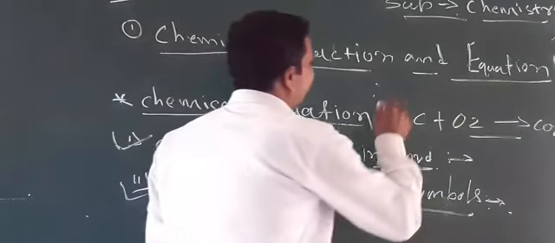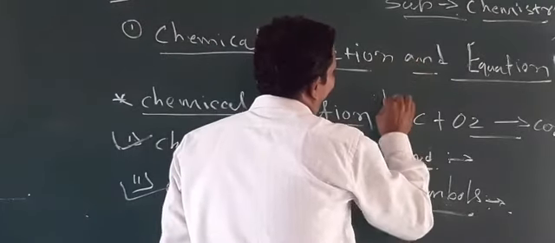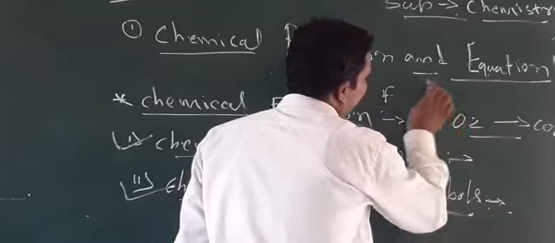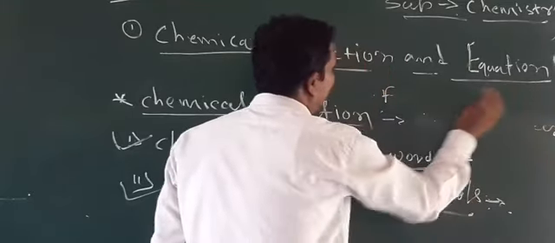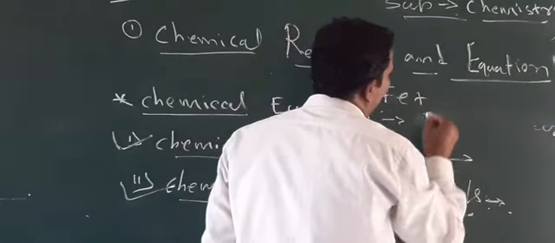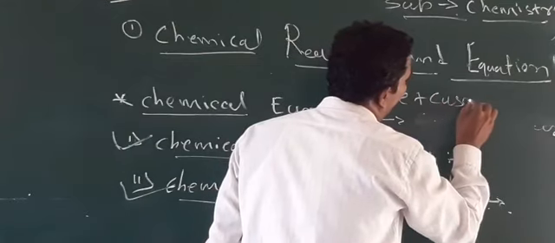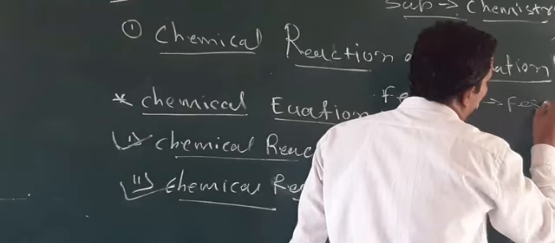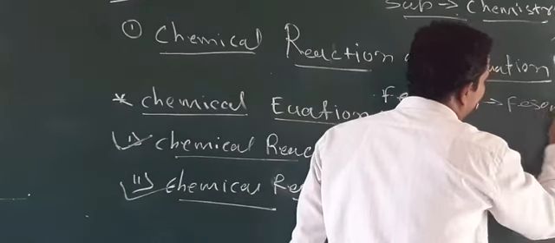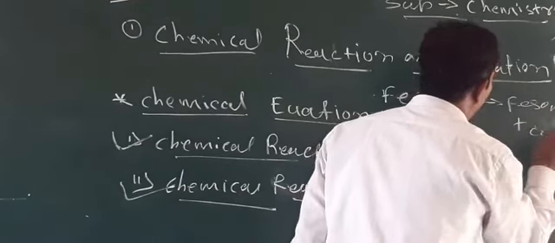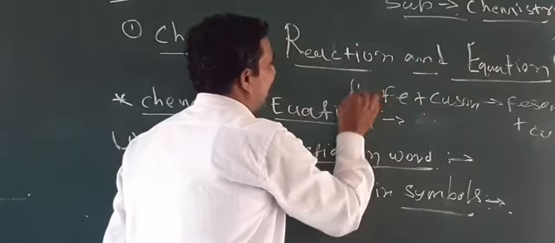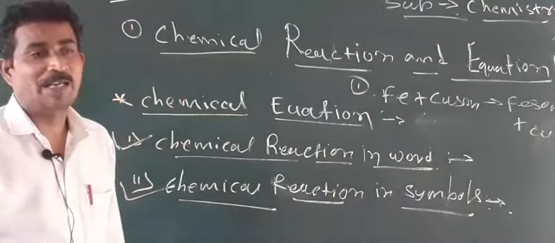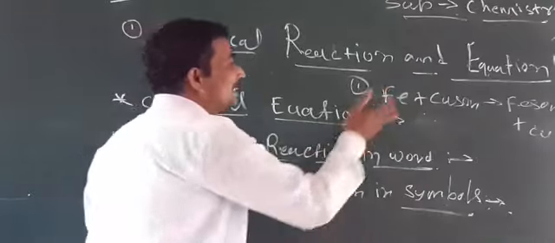Otherwise, Fe plus CuSO4 gives FeSO4 plus Cu. That is one example we wrote by formula, otherwise symbols.